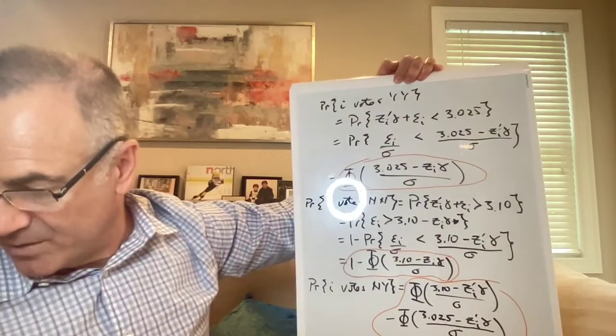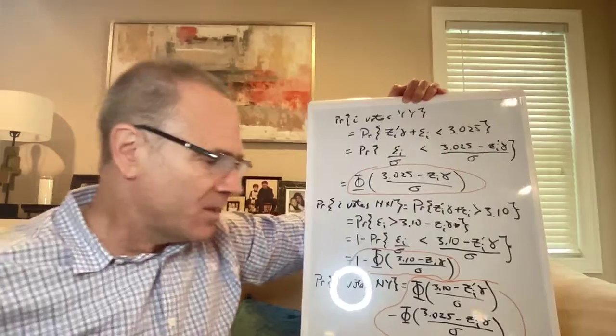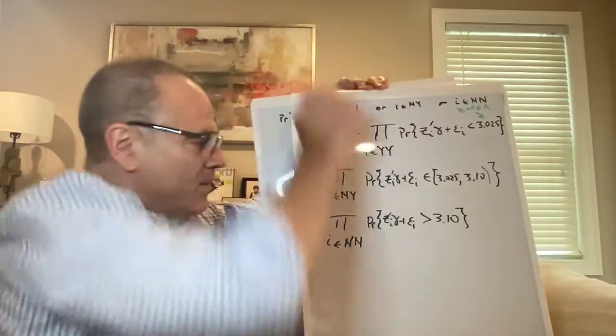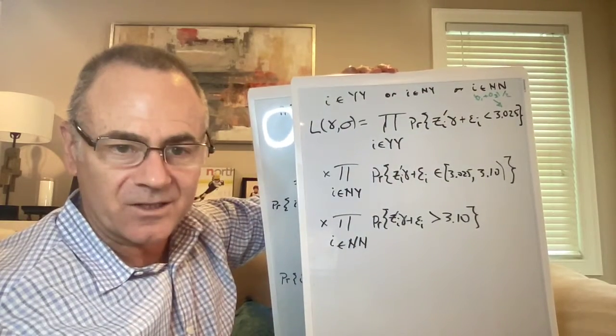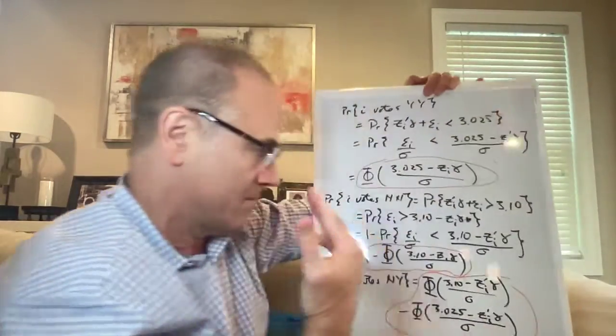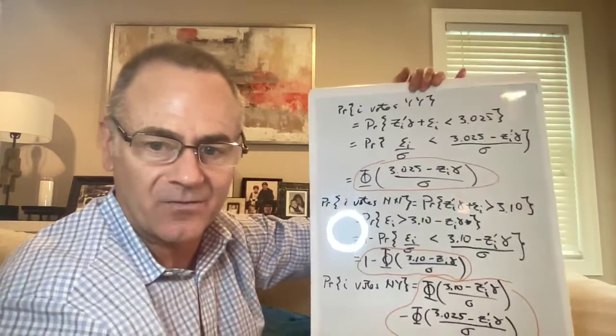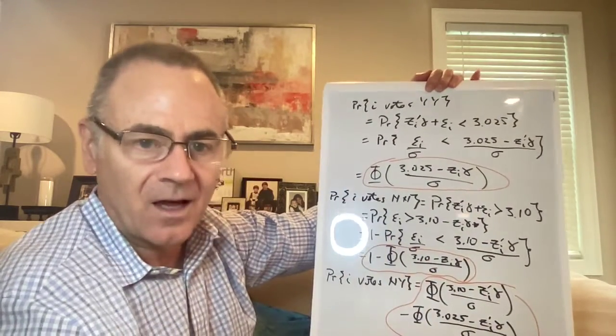All we have to do is take those three terms and substitute them into here, and then that's the likelihood function. Once we do that, all we have to do is maximize the likelihood function, choosing gamma and sigma.